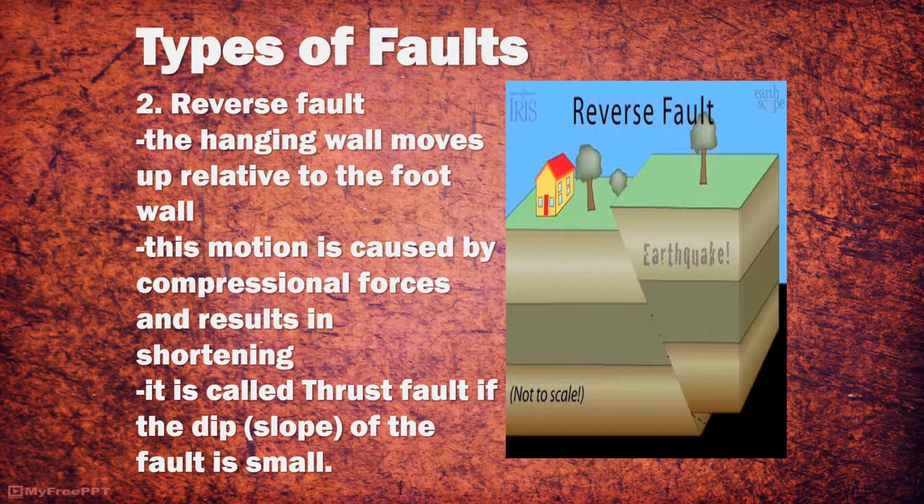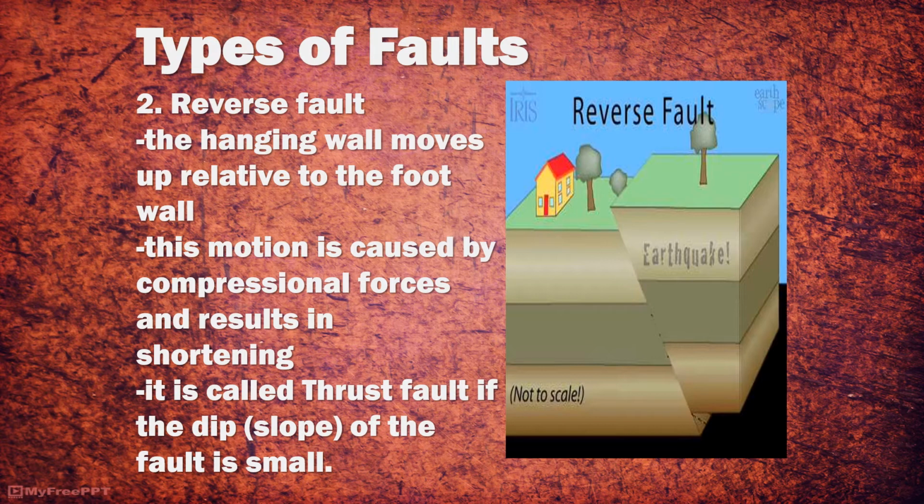Unlike now, the next type of fault is our reverse fault. The hanging wall moves up relative to the foot wall. This motion is caused by compressional forces and results in shortening. It is called the thrust fault if the dip slope of the fault is small.